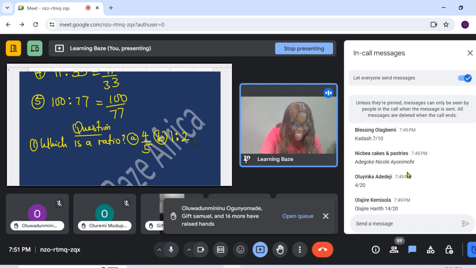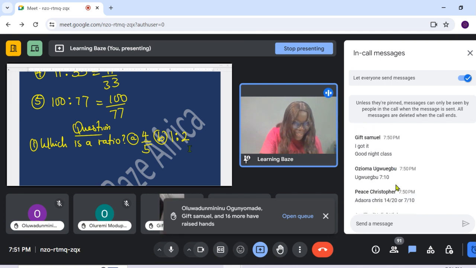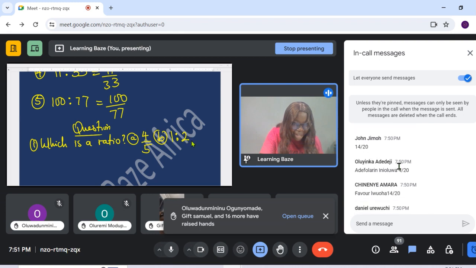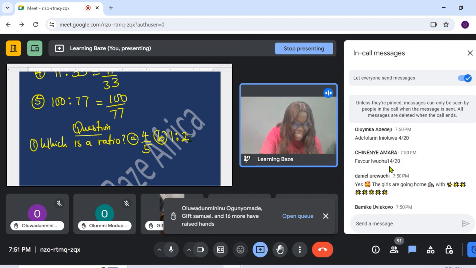Pemisire, correct. Kadash, these are my students that have done ratio. Okay. Olajire Harris, correct. Jack, correct. Busayo, correct. Uwebu, you still expressed it as a ratio, not as a fraction. Adaora, Chris, correct. Success Salah, correct. John Jimo, correct. Adefolarin Yoluwa, what happened? Check your answer.